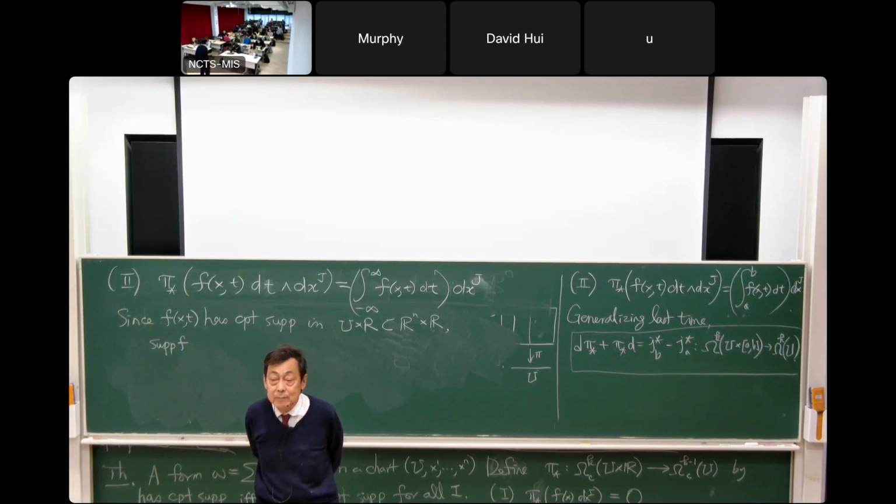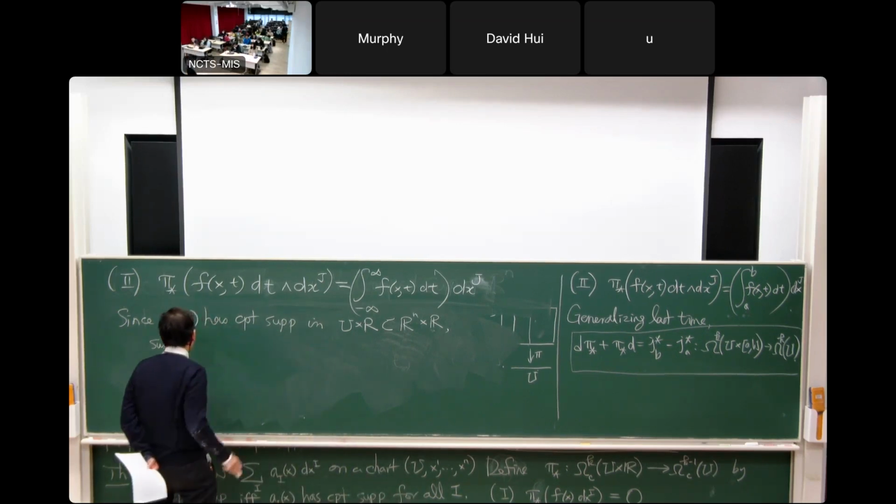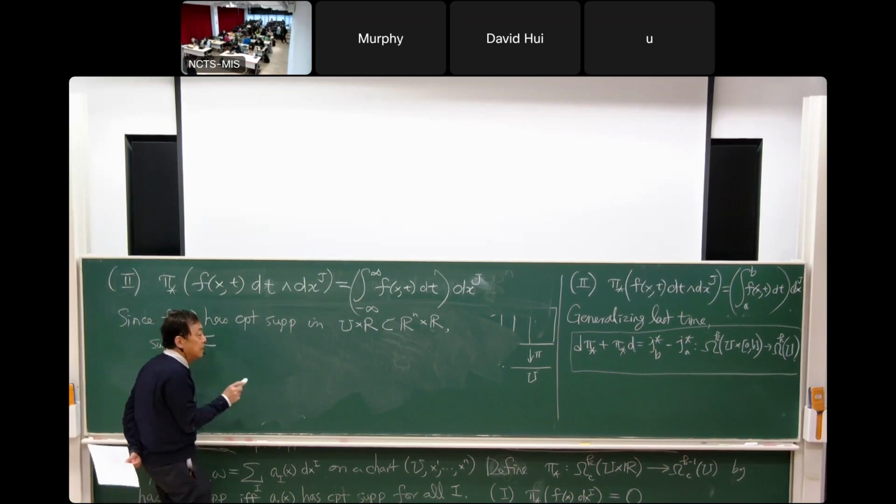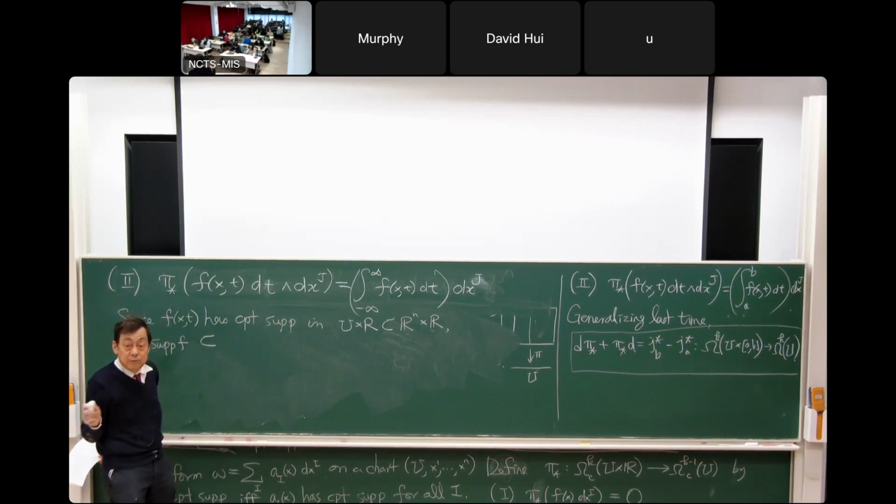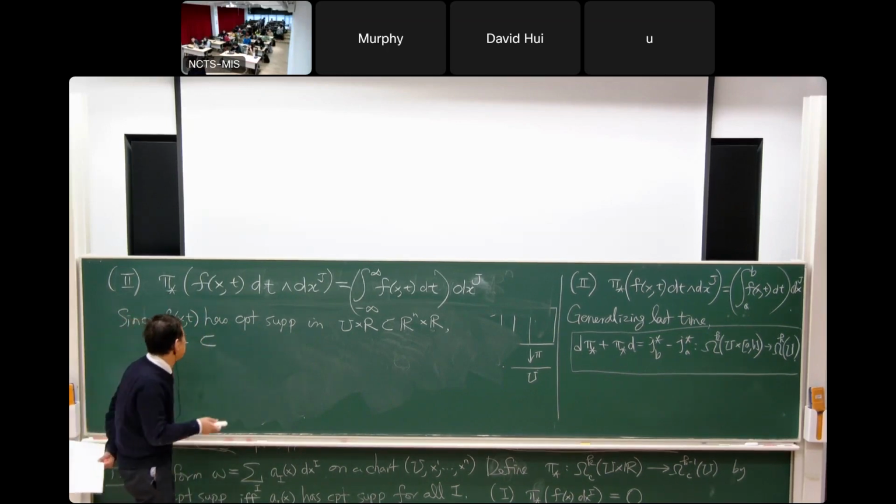So what can you say about that compact set? In a Euclidean space, a compact set is closed and bounded. I mean, that's an equivalent condition. It's not true in general in a metric space, but in a Euclidean space, that's true. So the support of F is contained in a closed rectangle because it's closed and bounded.